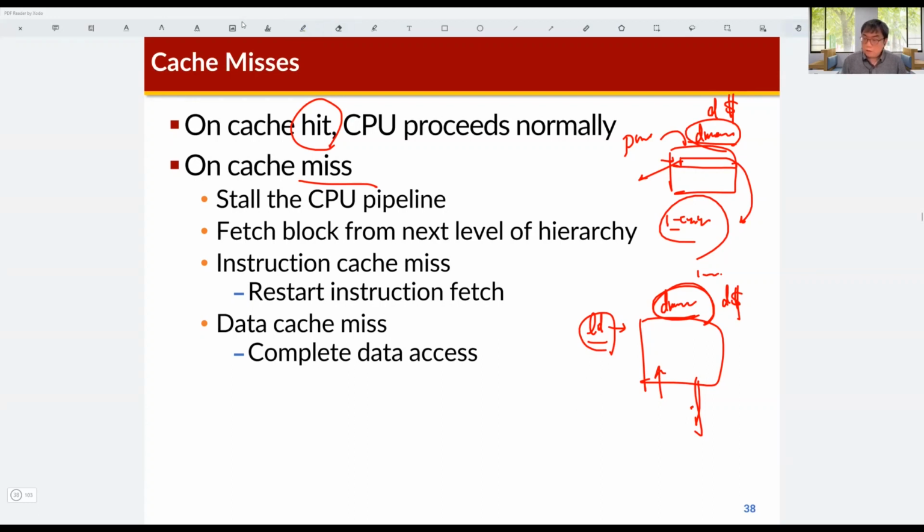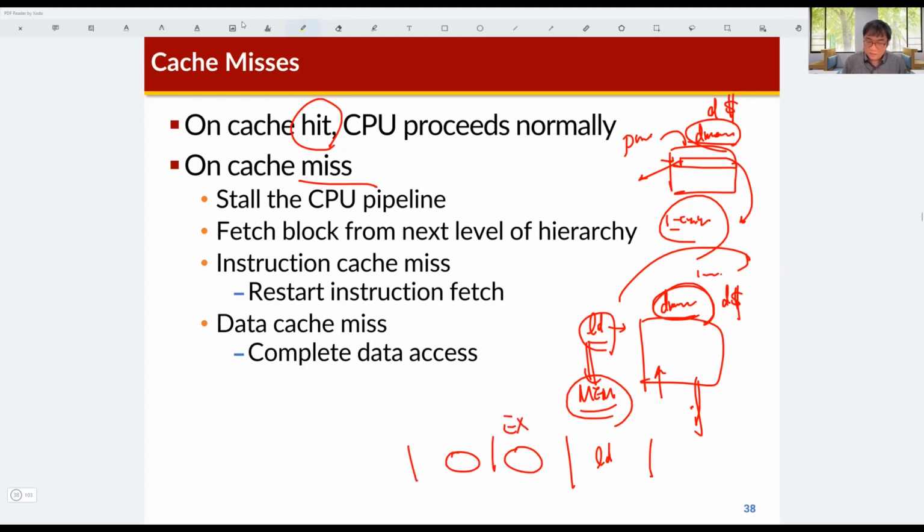Okay, and then what will happen? The load instruction needs to be processed in the memory stage. But if not, the load instruction cannot be propagated to the write back stage. So the load instruction is in the memory stage, and the next instructions are in the EX, ID, and instruction fetch stages. The load instruction is stalled in the memory stage.